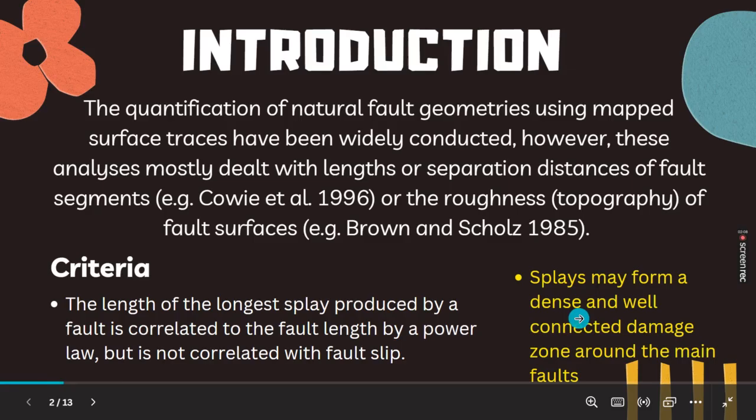Firstly, in the introduction, we'll understand the quantification of natural fault geometries. Using mapped surface traces has been widely conducted. However, these analyses mostly dealt with lengths or separation distances of fault segments, not the net slip.